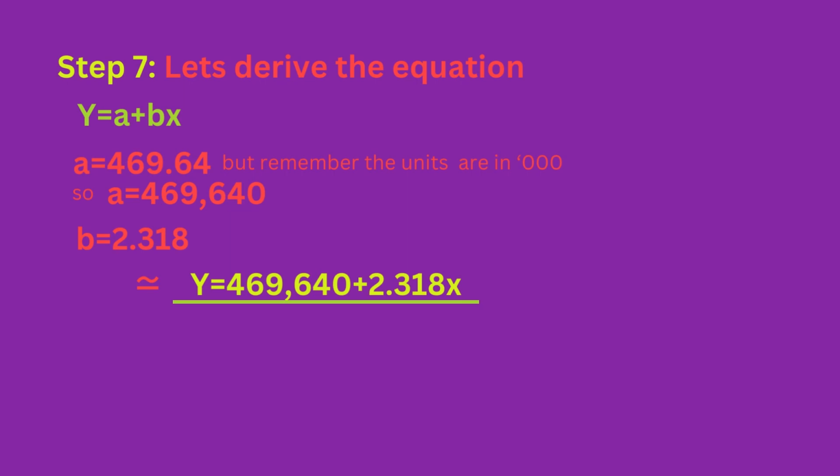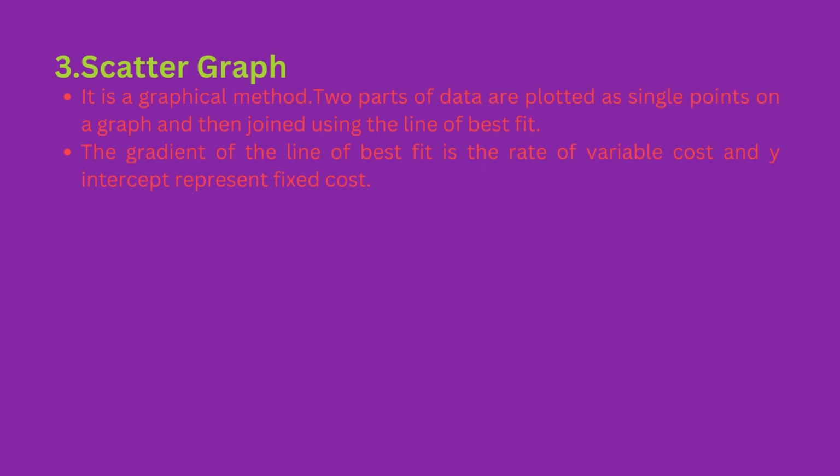The third method of cost estimation and forecasting is the scatter graph. As the name suggests, that's a graphical method where two sets of data are plotted as single points on a graph and then joined using the line of best fit, where the gradient of the line of best fit is the rate of variable cost and the y intercept represents fixed cost.